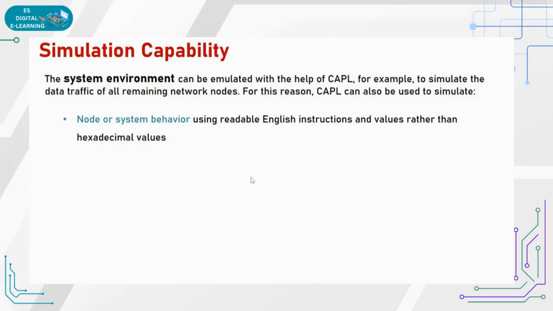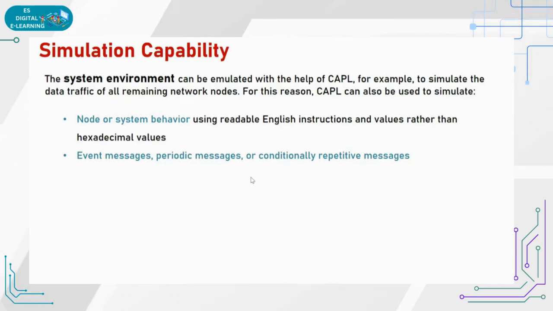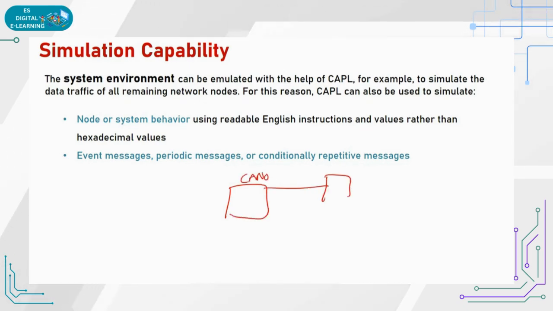Who will send those commands to the ECU? From the CANoe panel. In the CANoe panel, we have commands, and from there we send the information to the ECU. Whatever messages or commands we send from CANoe to the ECU are all sent continuously.